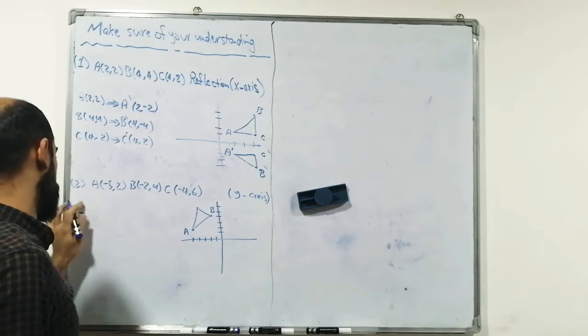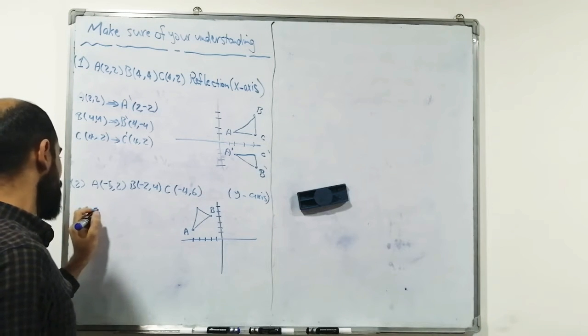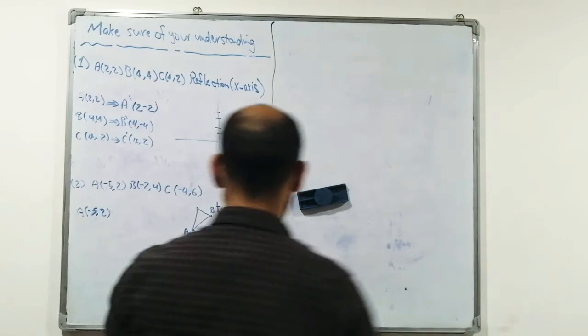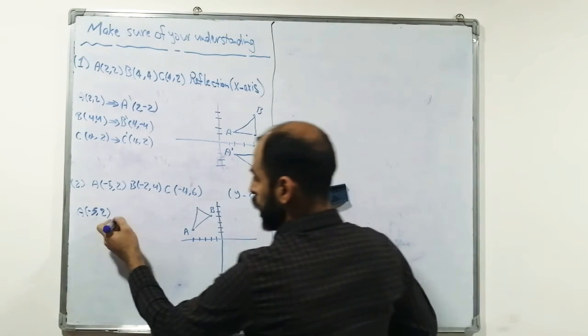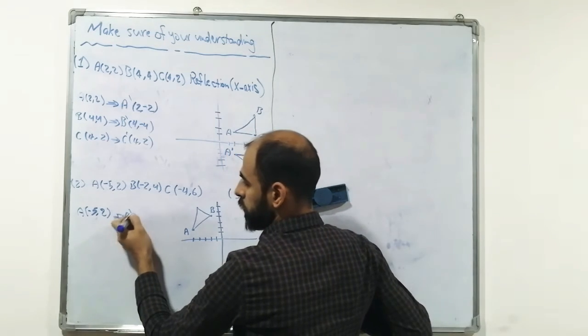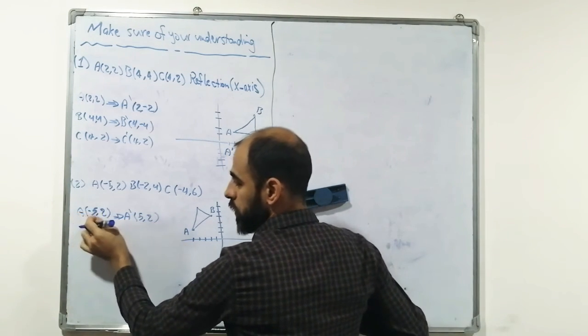A dash: A is (-5, 2). Reflection with y means we change the sign of the x part. It will be A dash (5, 2). Why?